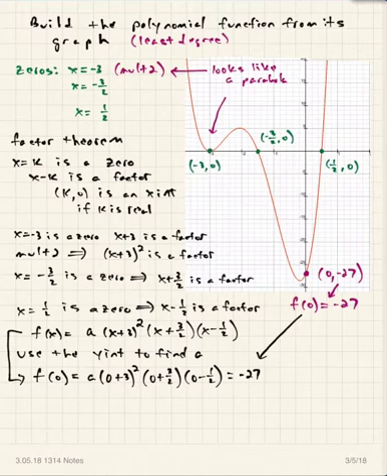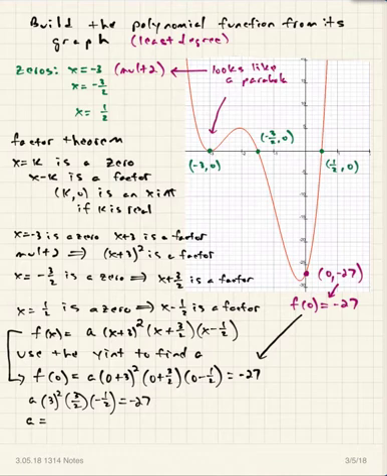And so you can actually figure out the a value from this problem right here. You have a times 3 squared times 3/2 times -1/2 has to be -27.